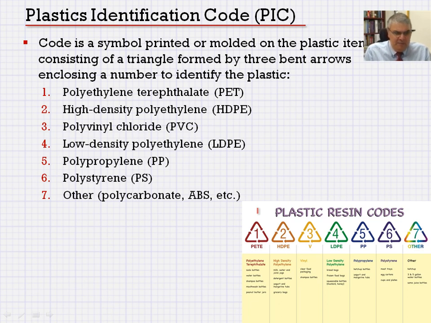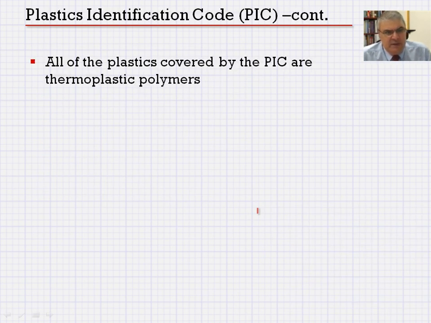Number 1 is PETE, number 2 is HDPE, number 3 is V or PVC, number 4 is LDPE, then PP, PS, and others. So V and PVC are used interchangeably. And these numbers tell us what a plastic resin is, and as I mentioned, they would help out with the recycling of the plastics.